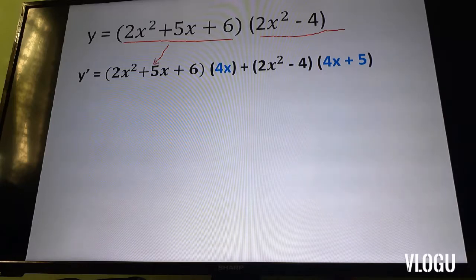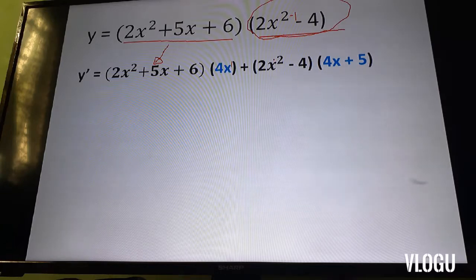Since it is equivalent to f of x, then we have to find the derivative of the second function, that is 2 times 2, which equals 4. Then we subtract 1, so that is x raised to the first power.